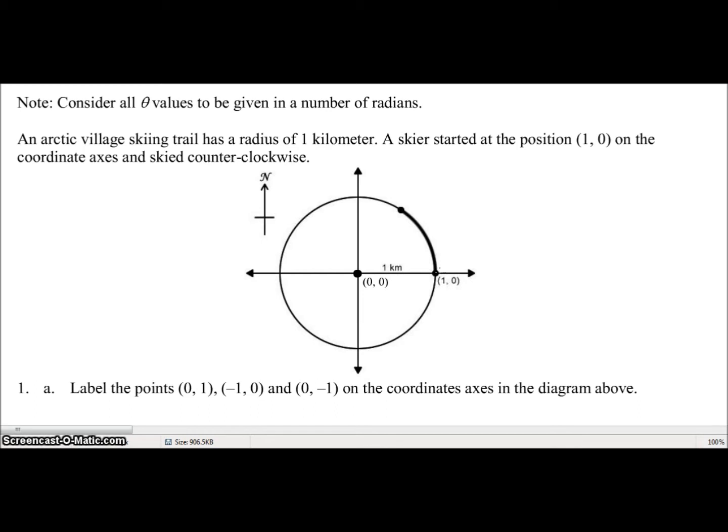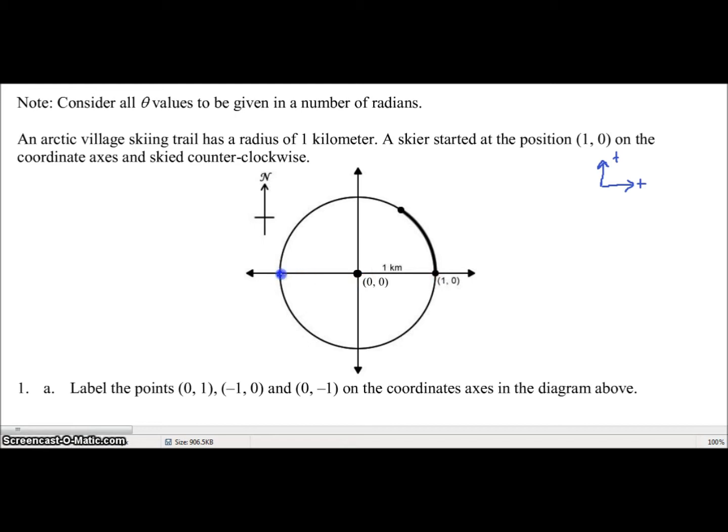Label the points (0, 1), (-1, 0), (0, -1) on the coordinate axes in the diagram above. So I'm just going to consider to the right as the positive direction and up is also a positive direction. So if we went to the right 1 unit, then we're going to go to the left.